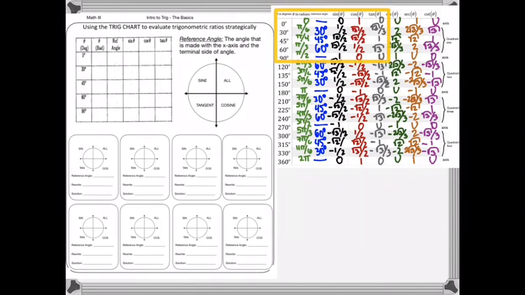Using this method, we can basically memorize this part that's in that yellow rectangle there, and put it over here, and use small sketches of the unit circle to start to put these pieces together.